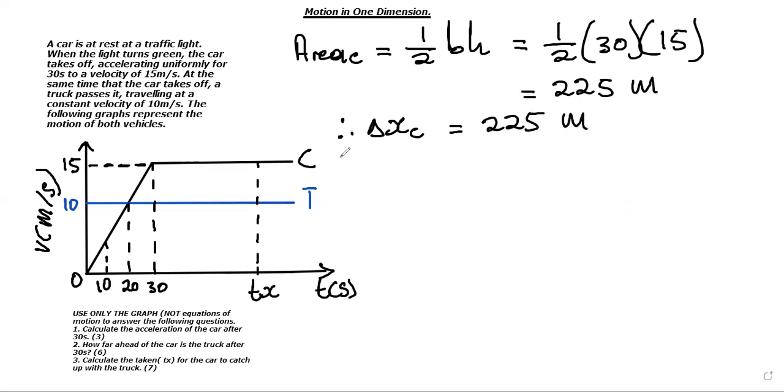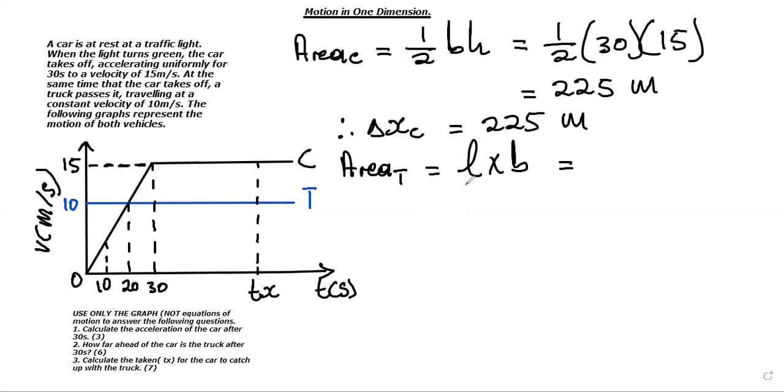Then we come back and look at the truck. So similarly, we want to find the area under the curve of the truck. But if you look at this one, in the 30 seconds interval, you can see that for the truck, you actually have a rectangle. Do you see that? Now the question is, how do you find the area of a rectangle? You say length multiplied by the breadth.